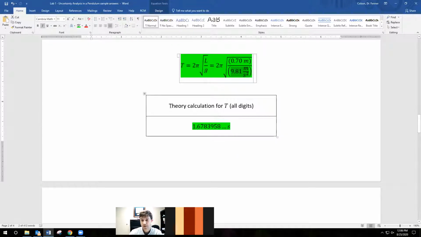And so there are actually limitations in the precision of the calculated period based on the limitations of precision of what you've measured.